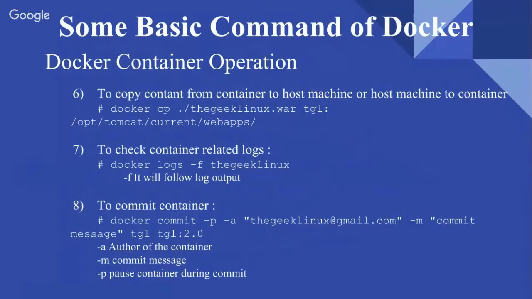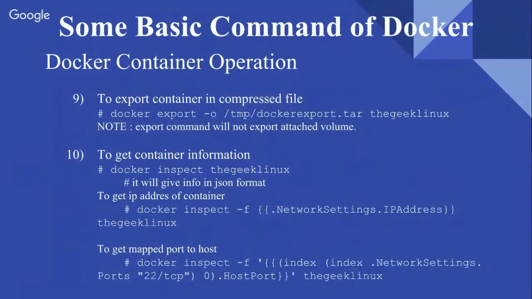So docker commit, hyphen p for pause during the commit, hyphen a for author, and then hyphen m is the commit message, and then the container name, and then the container image name, and what image you want to give the container.